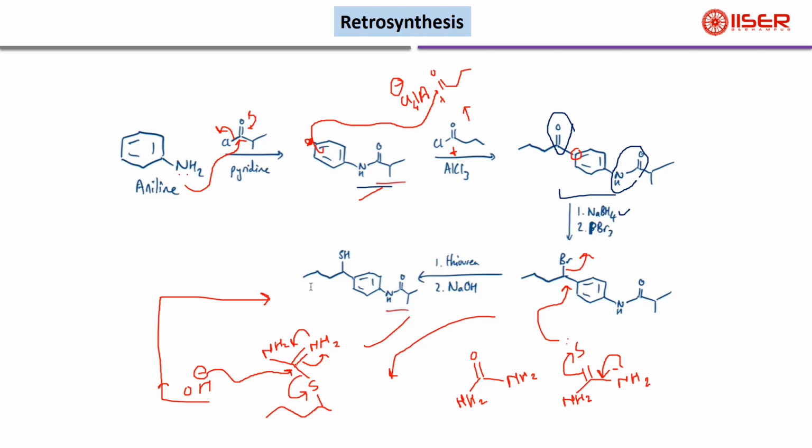First the OH will attack here, this bond will open, again the NH2 lone pair will come back and break this carbon-sulfur bond to give us this thio product. Okay.